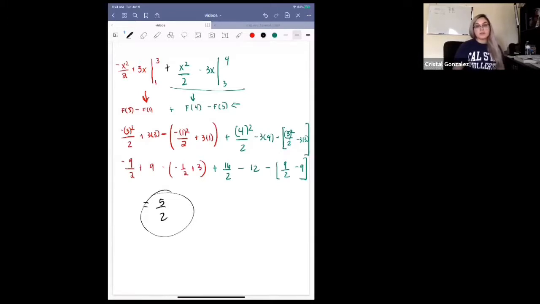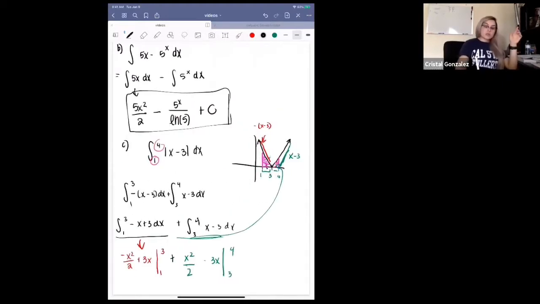So whenever you have a definite integral, remember, you will do f of b minus f of a. So we're doing that evaluation theorem. And the trick to doing an absolute value function is to break it up into its piecewise function. Or if it helps, draw the graph so that you can see which one is going to be defined for what piece and which one's going to be defined for the other one.